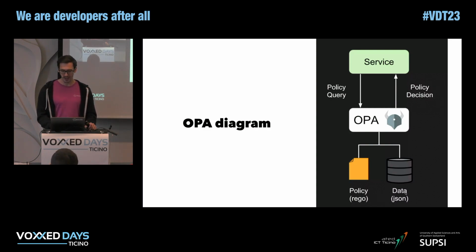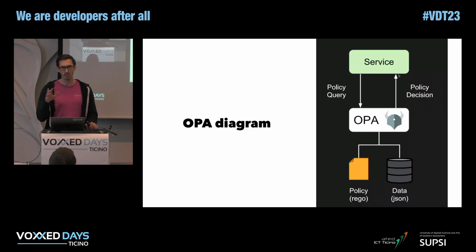You can also add some extra data, and I'll come to an example where you need to tie in extra data. For example, if you have a relationship, or if you need extra information to validate your policies against. So a service queries OPA, which relies on those policies and that extra data, and then it gets a policy decision back. OPA is not taking any actions or doing anything directly. You're really just querying it and it gives you something back.